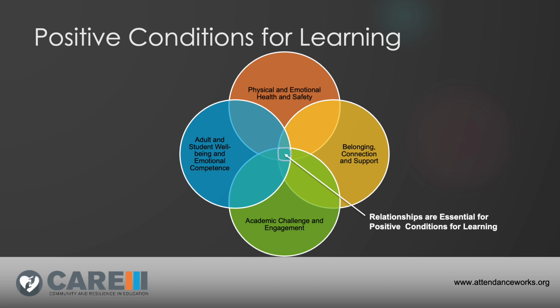Now, what these four conditions share is that at the foundation of all four of these is relationships. And so we have to have relationships in order to have these other positive conditions for learning.